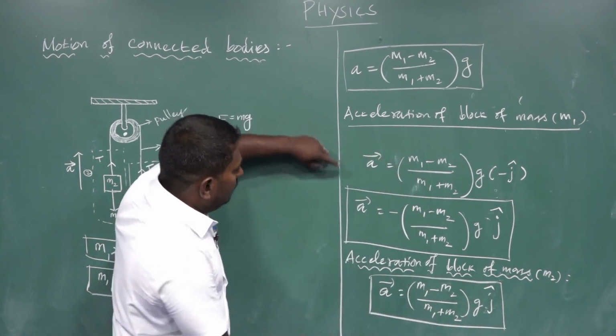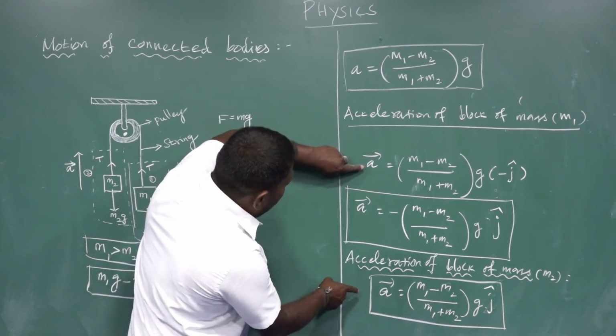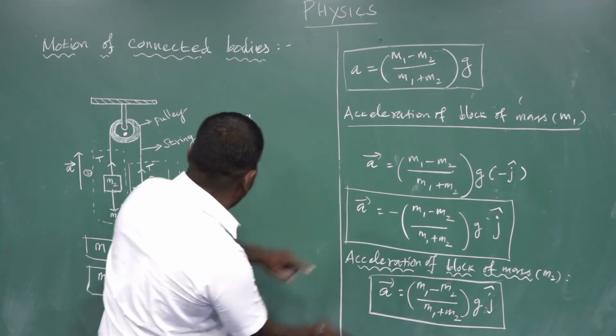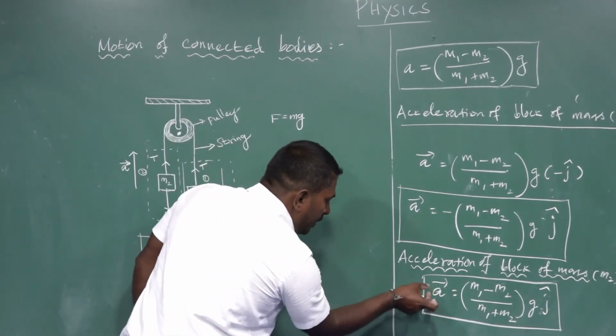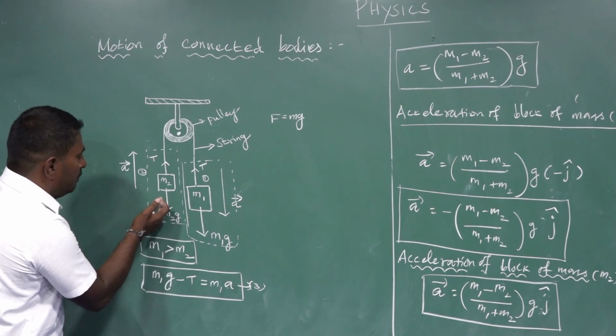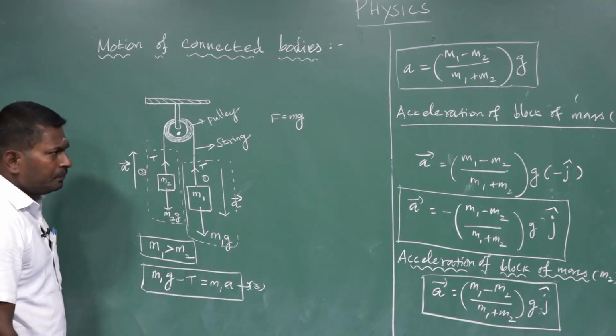So this is the very important vector notation. This is the acceleration experienced by the block of mass M1. This is the second expression, the acceleration experienced by the block of mass M2.